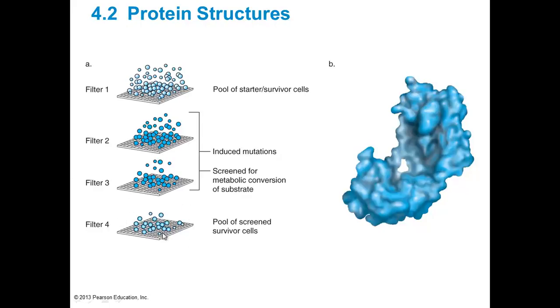And typically what you do then is you take this round of survivor cells, you randomly mutate the code again, starting with the survivor cells. So you do multiple rounds of random mutation, and then you get increased selectivity, increased specificity. And so this is just the process of evolution in a laboratory.